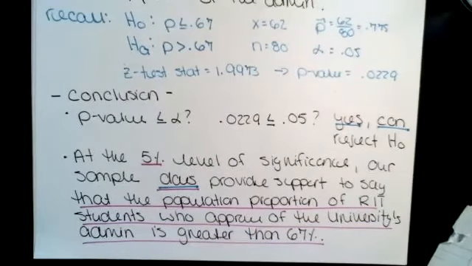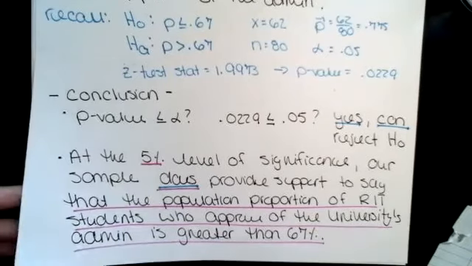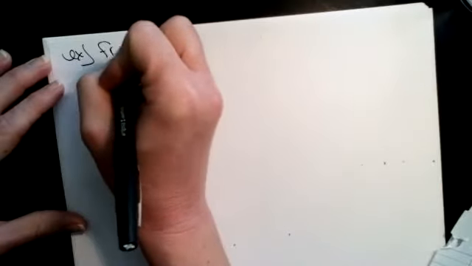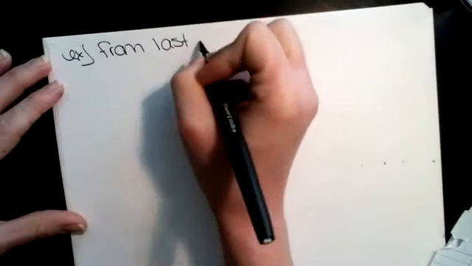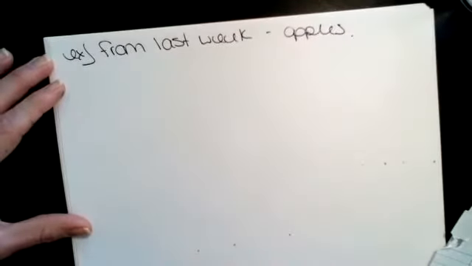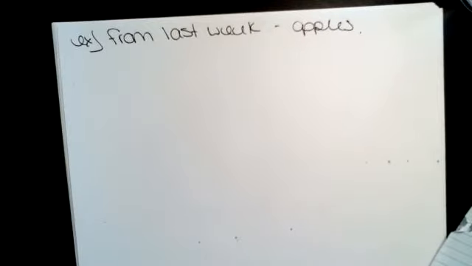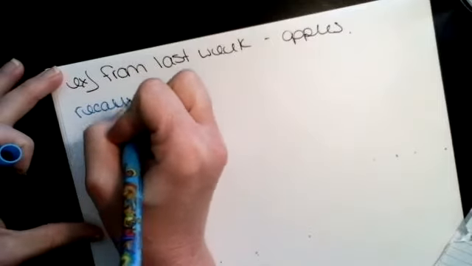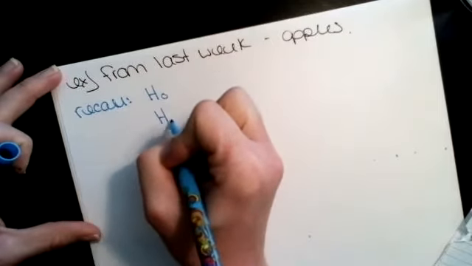So we're going to look at the other example real quick and complete that as well. All right. So let's take a look at the other example from last week. Remember, this is the apples, and we're looking at the weight of the apples. So let's recall from last week, the null and the alternative.